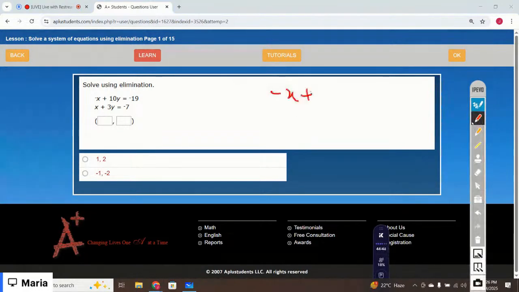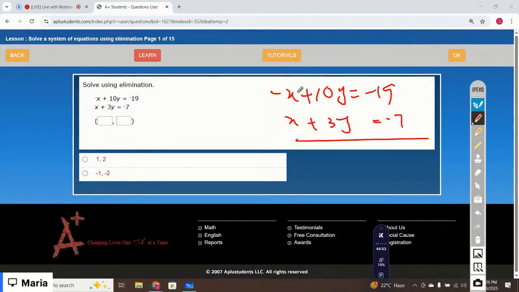That is negative x plus 10y equals negative 19, x plus 3y equals negative 7. So x minus x is 0, and 10 plus 3 is 13y. Negative 19 and negative 7 is negative 26.